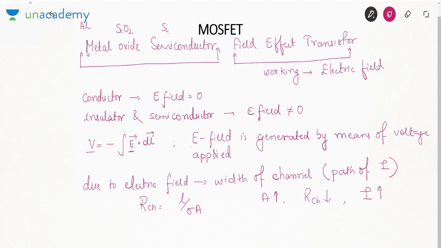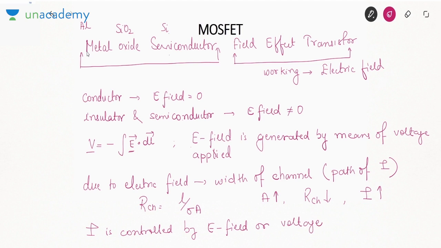That means I is controlled by electric field, and this electric field is generated by voltage. So the current in this MOSFET is controlled by electric field or voltage. That is why this MOSFET is a voltage controlled current source. Voltage is the controlling parameter, and it is controlling the current flow.